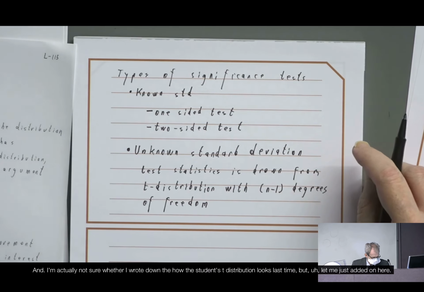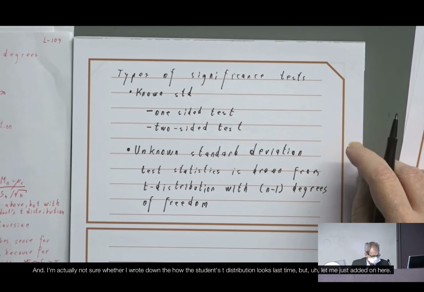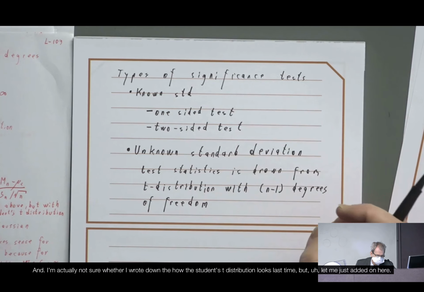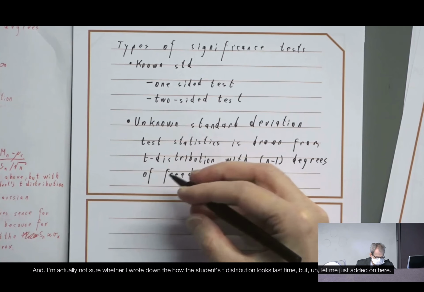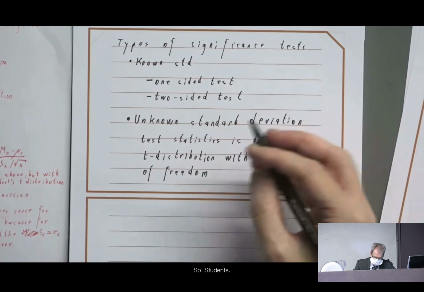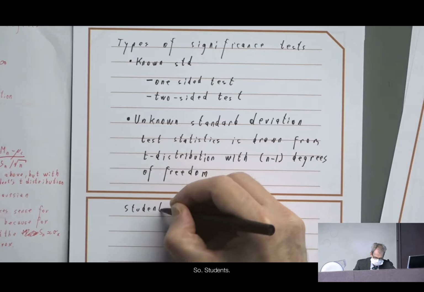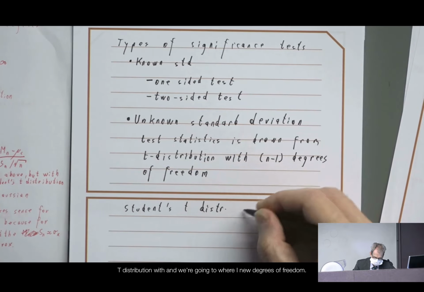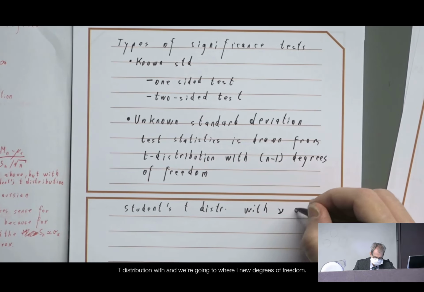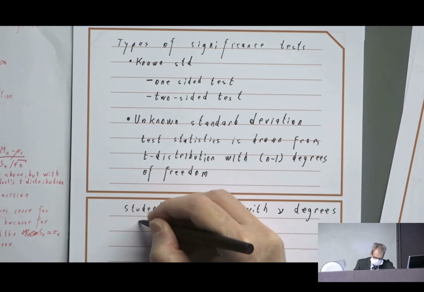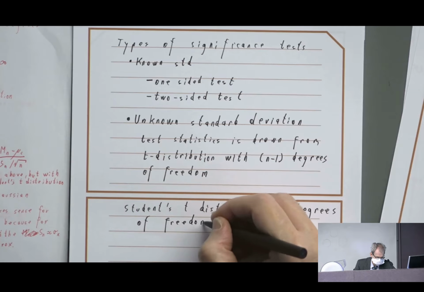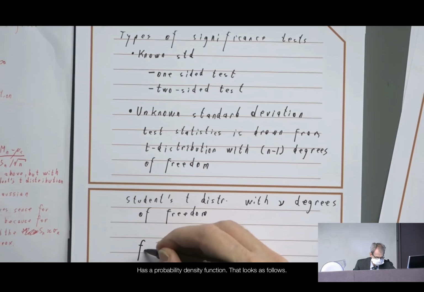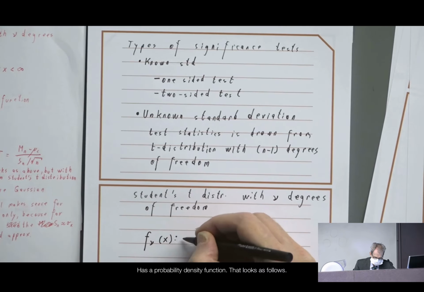I'm actually not sure whether I wrote down how the student's t distribution looks last time, but let me just add it on here. The student t distribution with, I'm going to write it, nu degrees of freedom, has a probability density function that looks as follows.